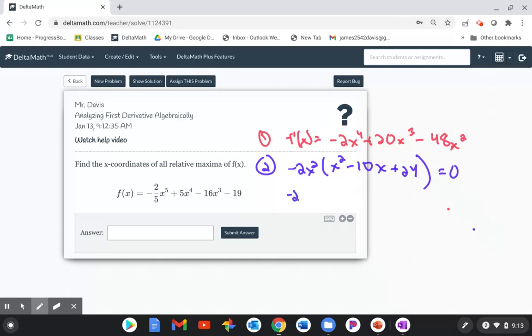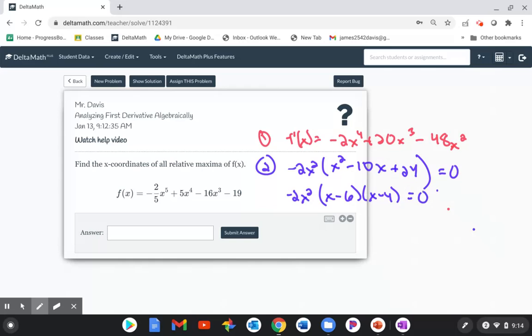Then factoring, same sign, looks like x minus 6 and x minus 4. Because they have to have the same sign to give you a positive, and they have to add to give you negative 10, equals 0.